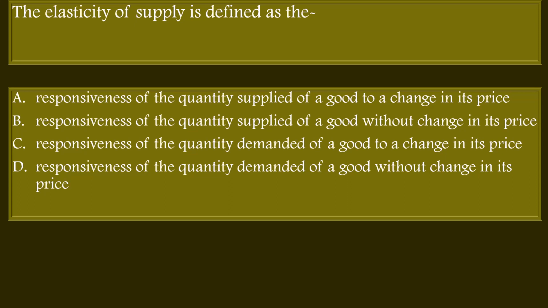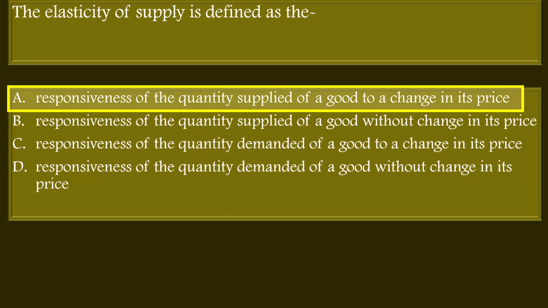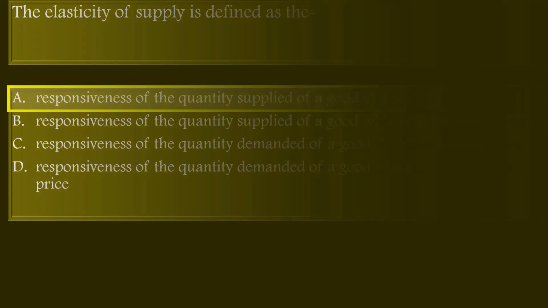D. Responsiveness of the quantity demanded of a good without change in its price. This question is on elasticity of supply. Elasticity of supply examines the responsiveness of quantity supplied to a change in its price. Option A is the correct answer.